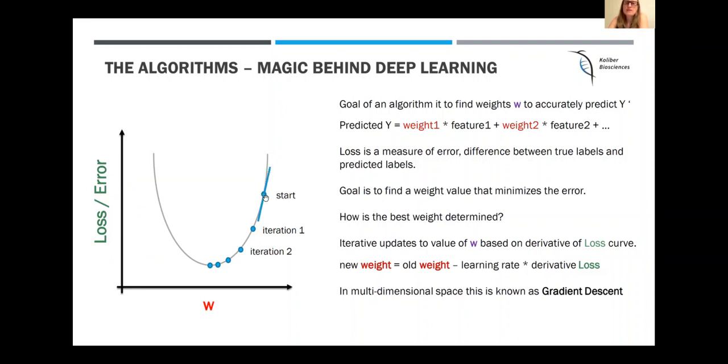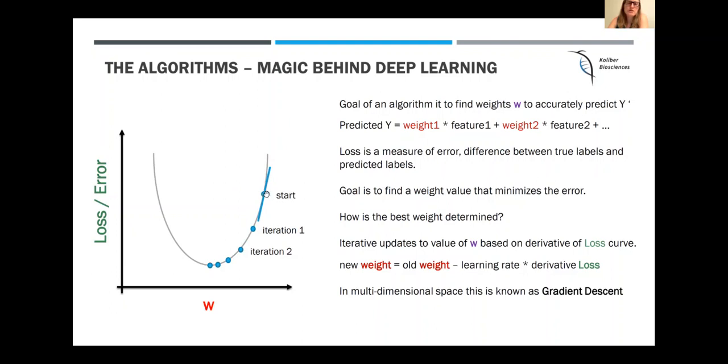The sign of this derivative tells you which side of the curve you're on. If you're on this side of the curve, you would have a derivative that's negative. And the slope of this derivative tells you how far of a step you should take to get closer to the bottom of this well.